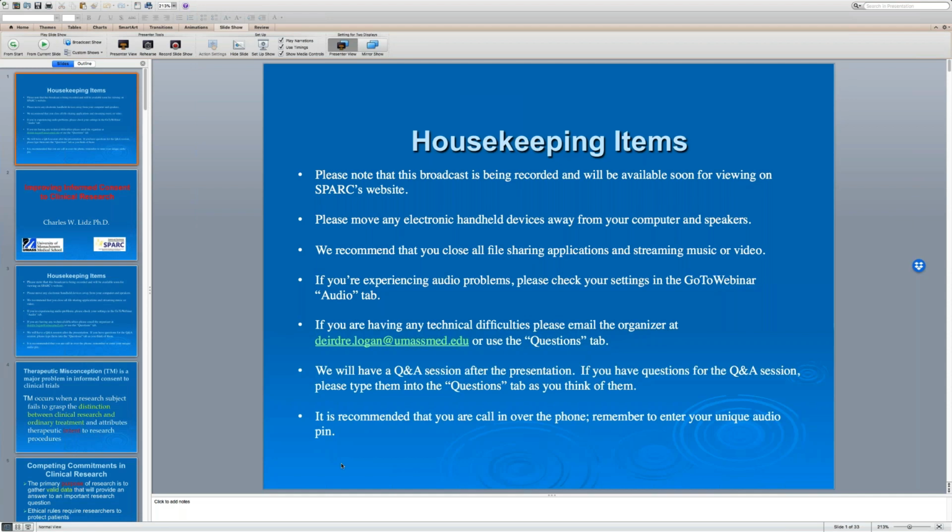Yes, this has been published. Let's see, where did we publish the last one? I'd have to look, but if somebody wants to give me an email, I'll give you the reference to it. We published the trial and the scale in one paper and the outcomes of the trial in another. I think it might be in Academic Medicine, but I need to go back and look at that.